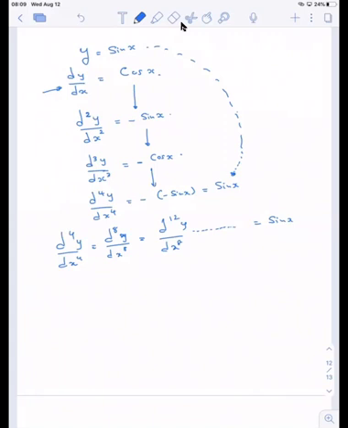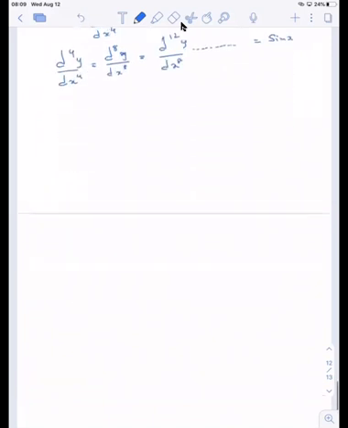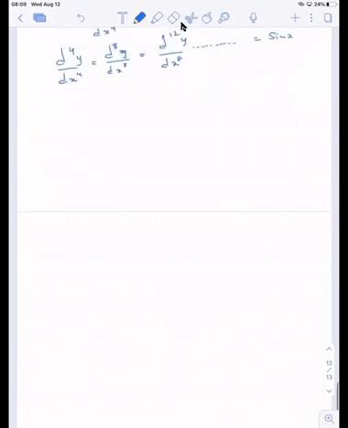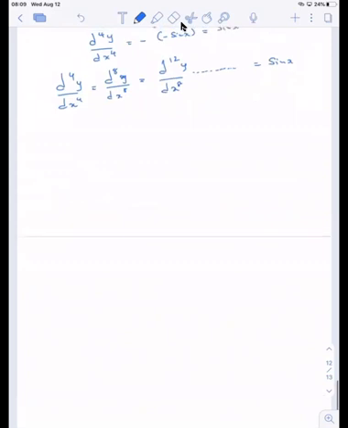Right, so let me just finish this section by having one final example. This is again an application in physics.